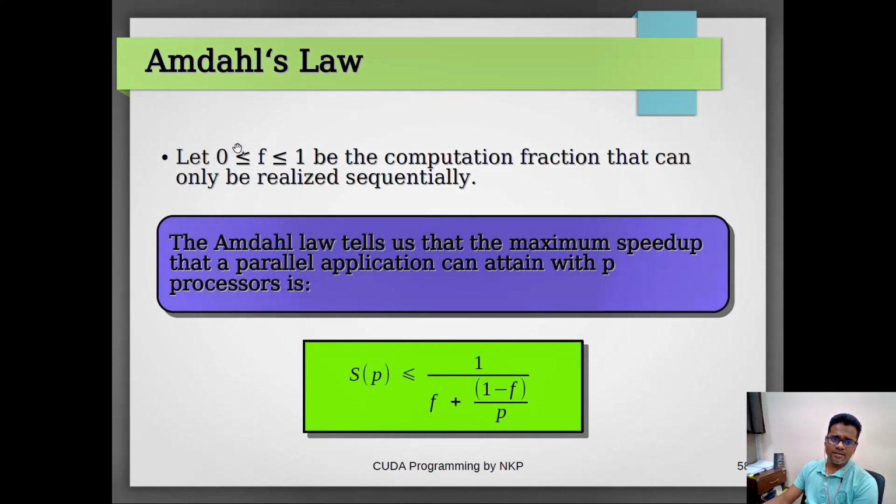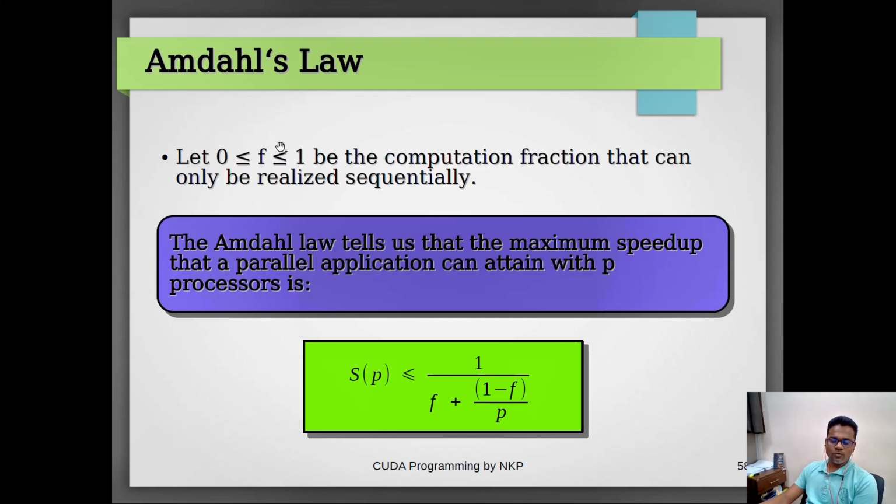If it is 0.5, then 50% of the program is executed sequentially and 50% can be parallelized. If it is 30%, then out of the entire program 30% is executed sequentially and the remaining 70% can be parallelized.